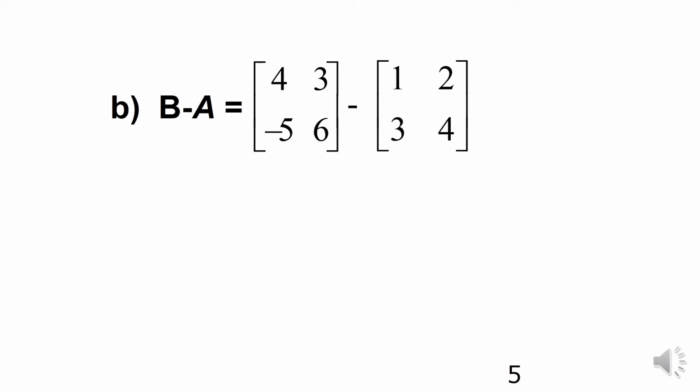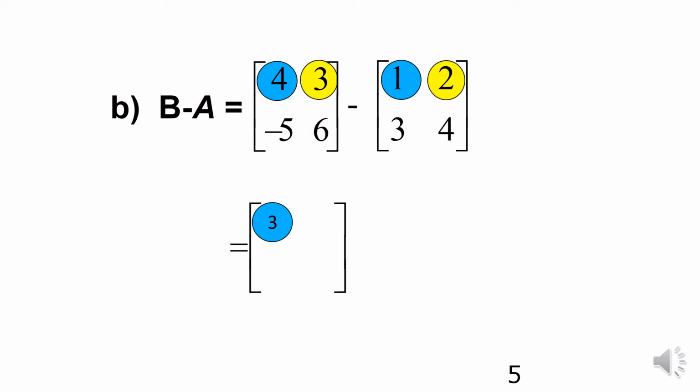For the first element A11, we have 4 and 1, so 4 minus 1 equals 3. For the second element, we have 3 minus 2, the answer is 1.